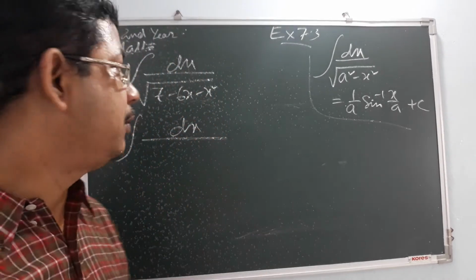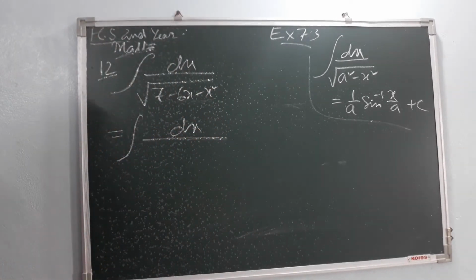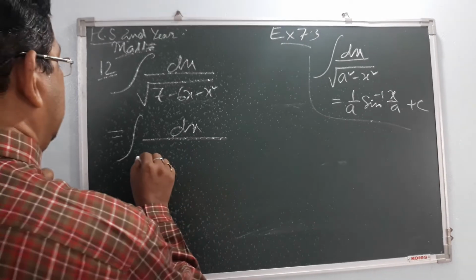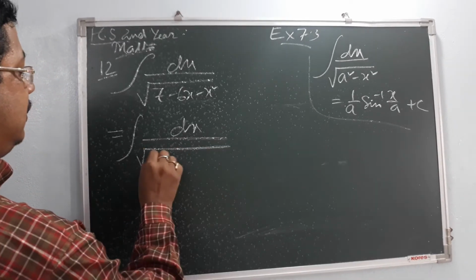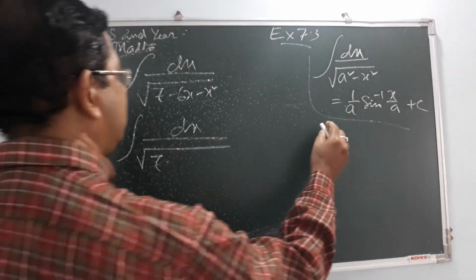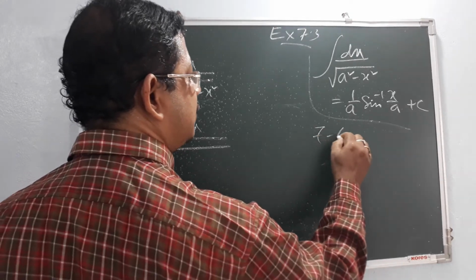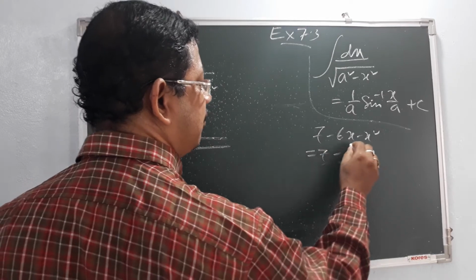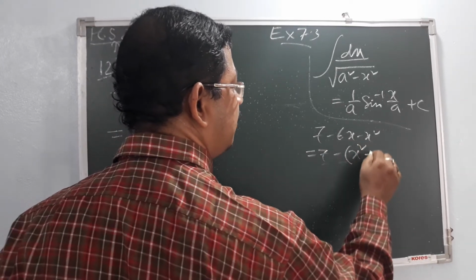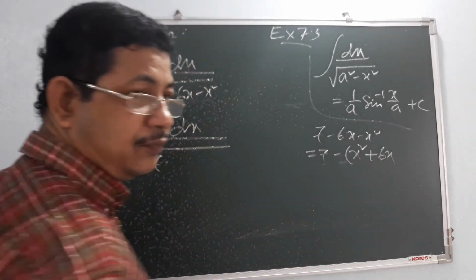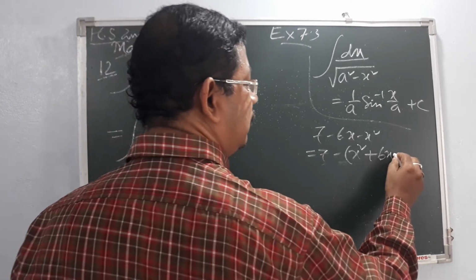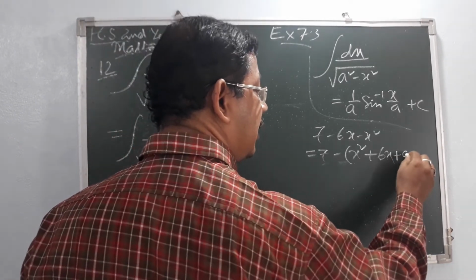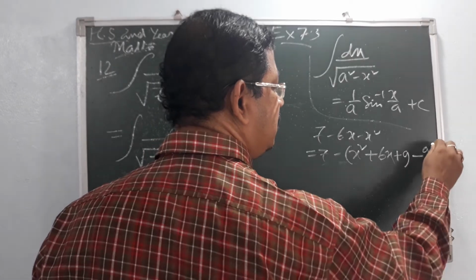To make a square, what we have to do? Here, if you take minus sign, better I will do here 7 minus 6x minus x square. If we take minus common, x square plus 6x. Then if we add 9, then we have to deduct 9.